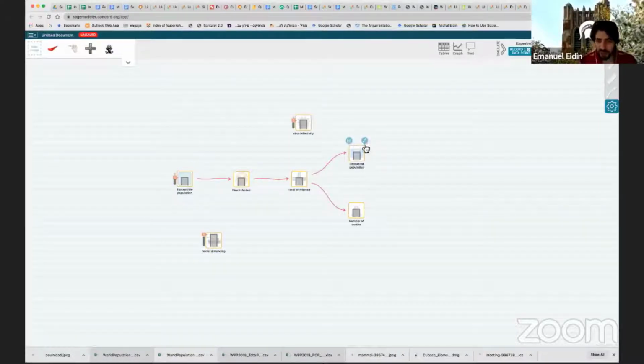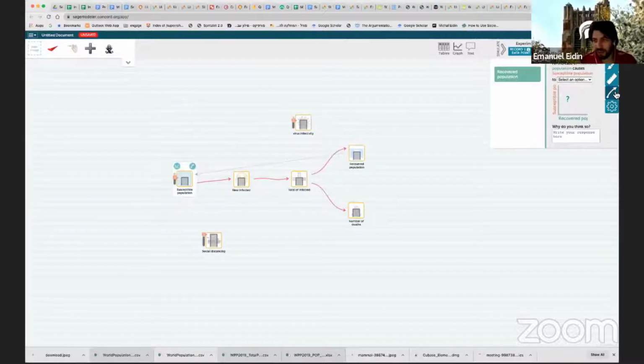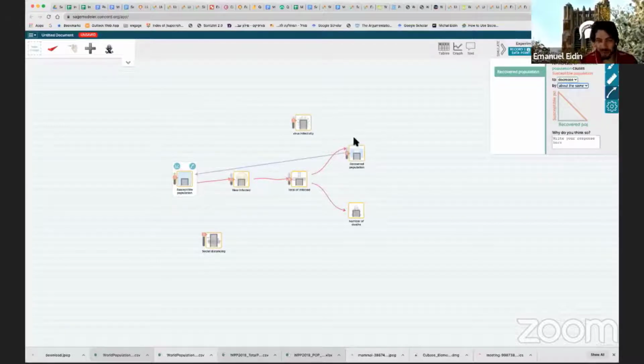So let's say the more recovered people I have, I can do a kind of feedback, right? The more recovered people I have, the fewer susceptible people I have, right? So let's say about the same. So here I create a feedback loop.